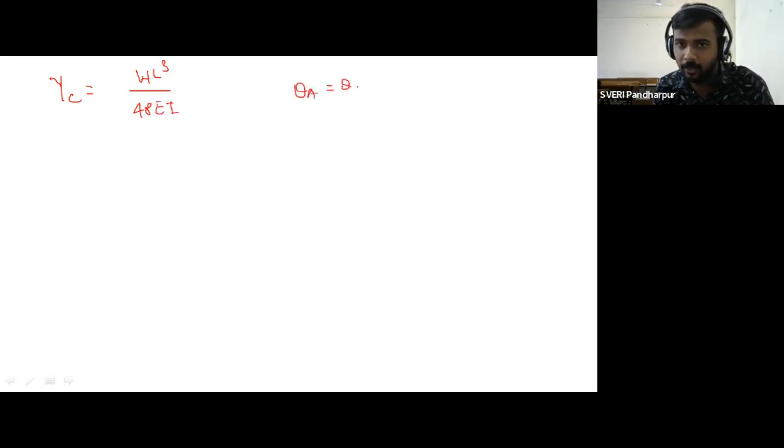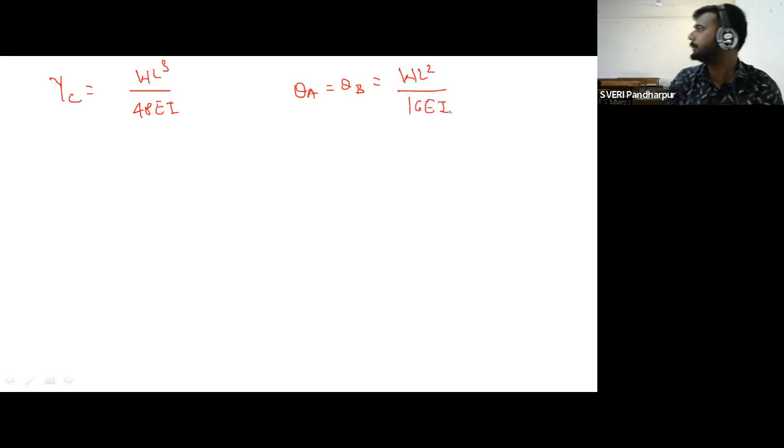Theta A is equal to theta B. Now, see, we are having the formula. Directly, I can put the equation values. Length is given, E into I is given, W is given. No, then how to calculate?